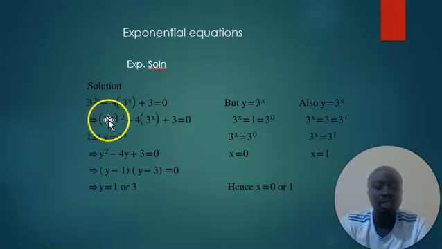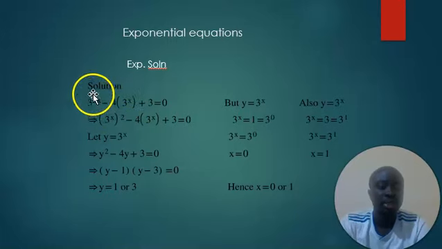So this one is the same as this. But the idea is that I want to make it look like this. But there was a 2 attached, so the 2 comes out. Minus 4 times 3 to the power x, plus 3 is equal to 0.